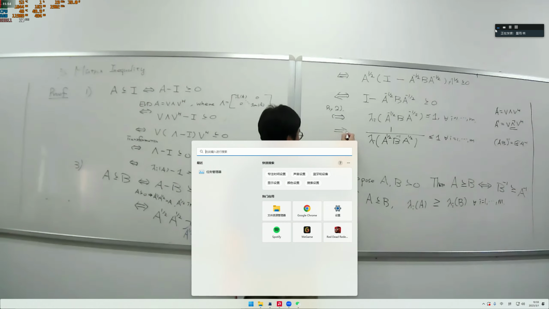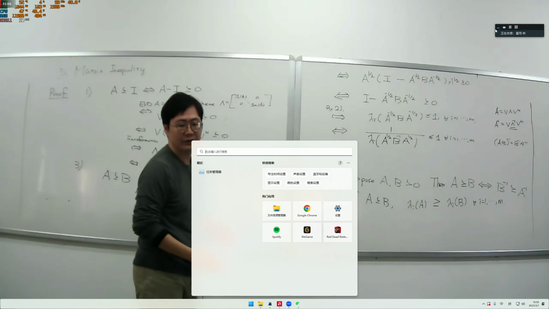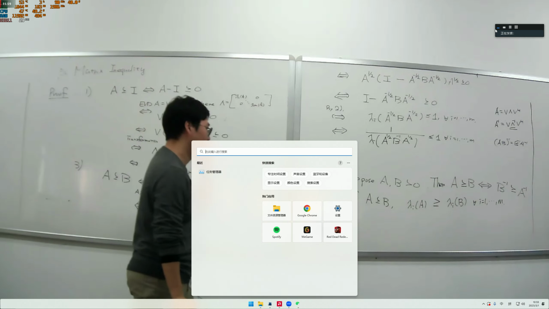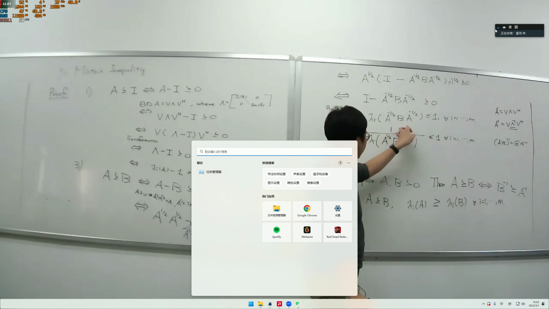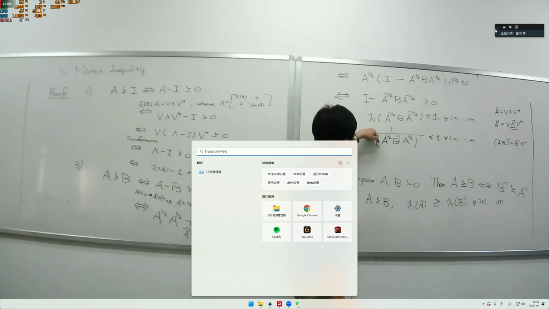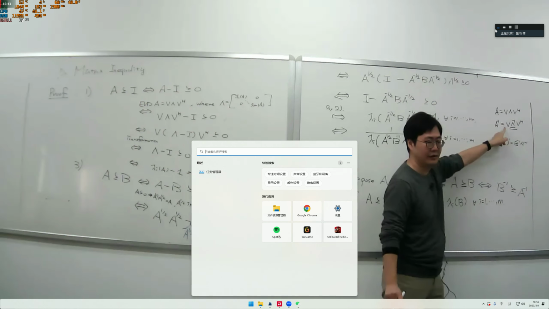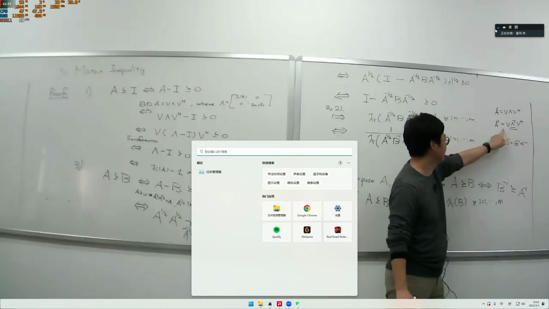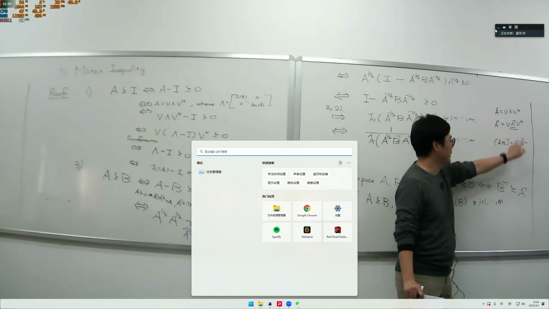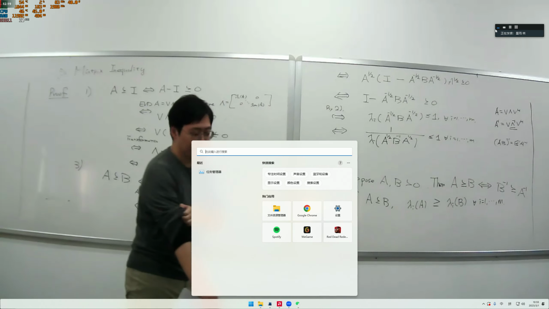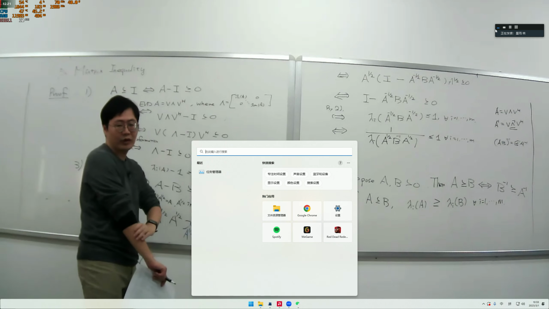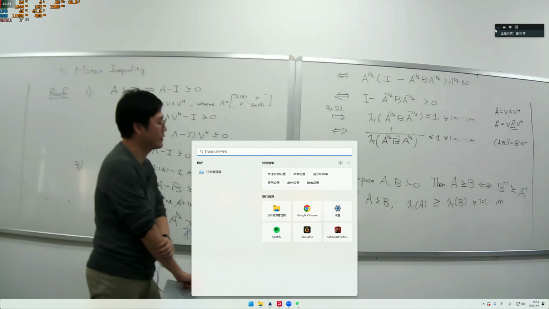So this is equivalent: the eigenvalues of this matrix are 1 over the eigenvalues of the inverse of this matrix, as I put here. What's the eigenvalue of A inverse? It is 1 over lambda i.